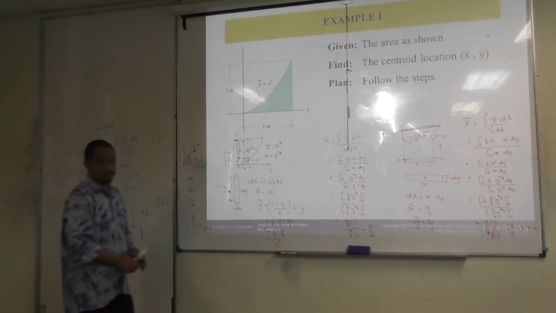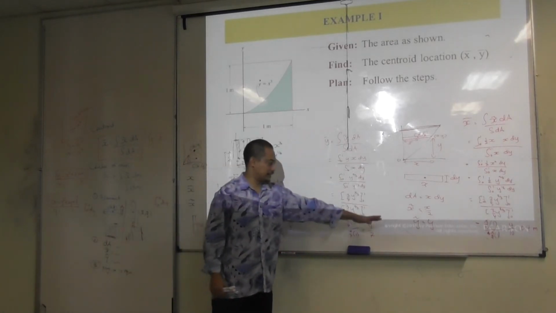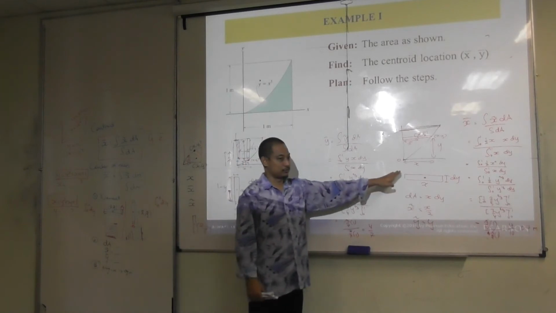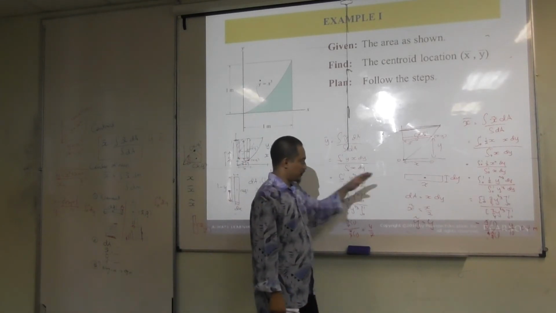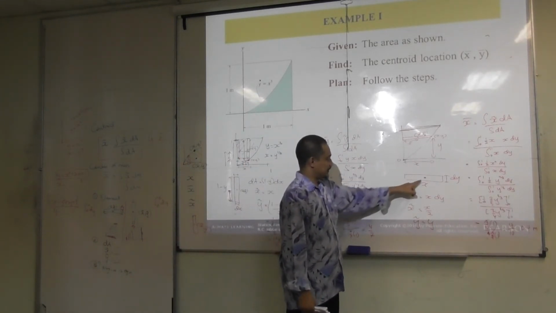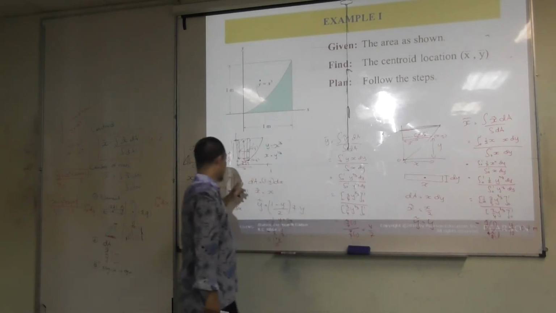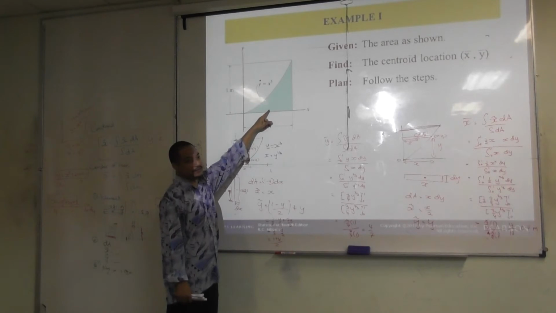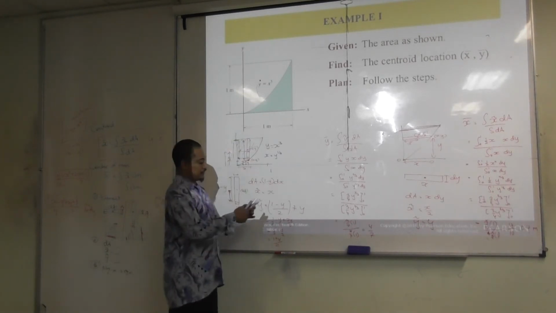Alright, any question with this first attempt before we go to this one? This is if you use horizontal. So now you can see that for this area, it's easier to use horizontal than this one, right? But for this one, which element do you think is easier? Vertical, right?